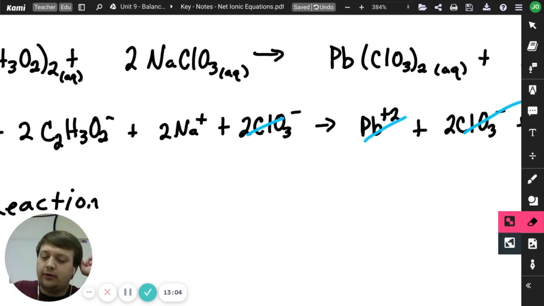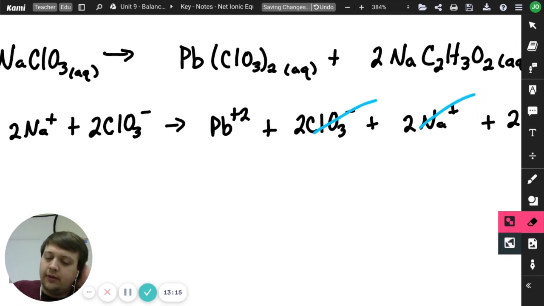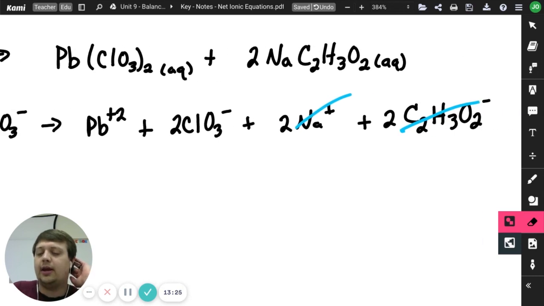Sodium chlorate turned into Na with a plus and ClO3 with a minus. There are 2 of each of those because of the coefficient they had. Then I turned that into lead chlorate, which was Pb plus 2, and that turned into plus 2ClO3 minus, and then I have Na plus and C2H3O2 minus.